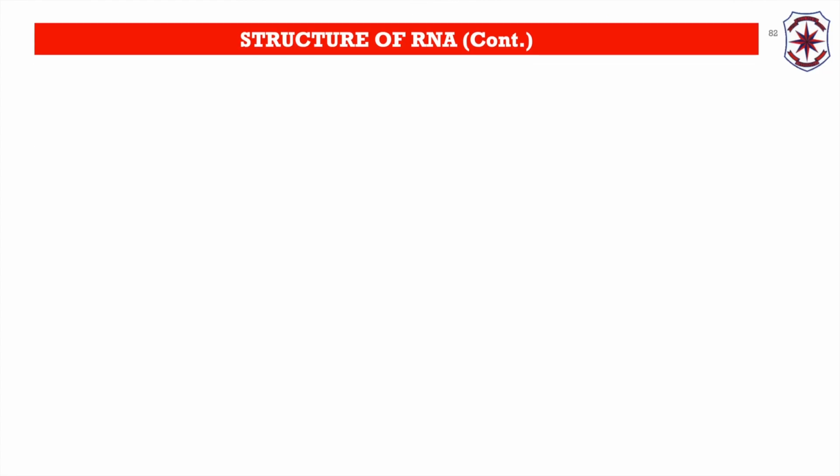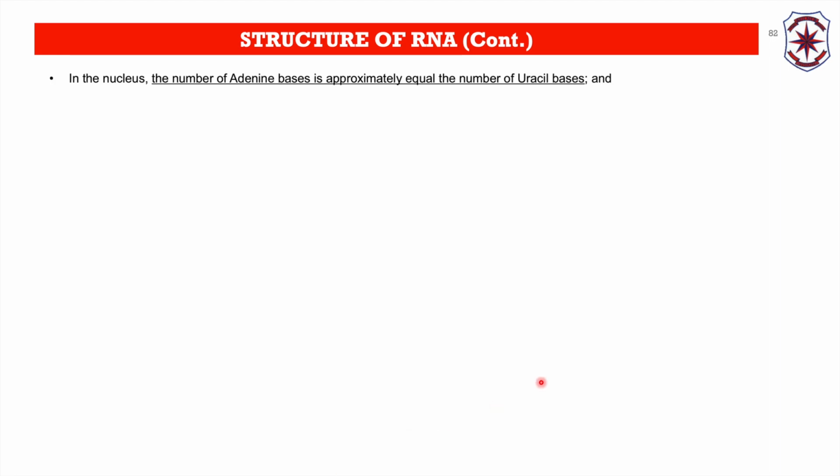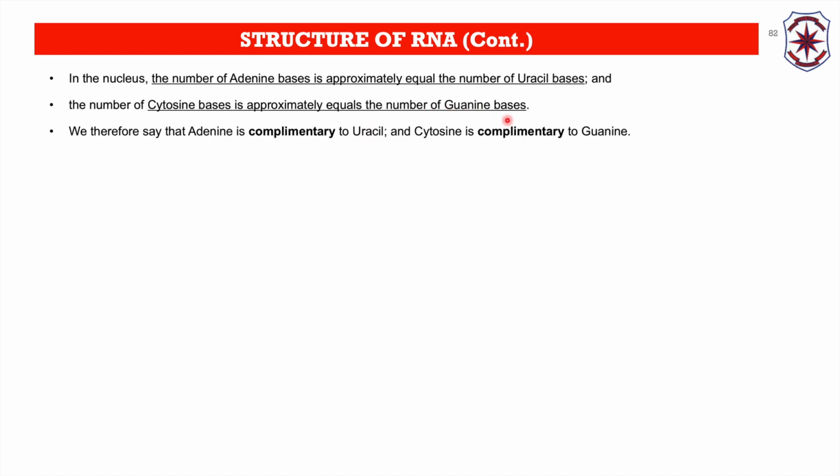Okay guys, we are continuing with the RNA structure. The number of adenine bases is approximately equal to the number of uracil bases, and the number of cytosine bases is approximately equal to the number of guanine bases. Now, remember this.